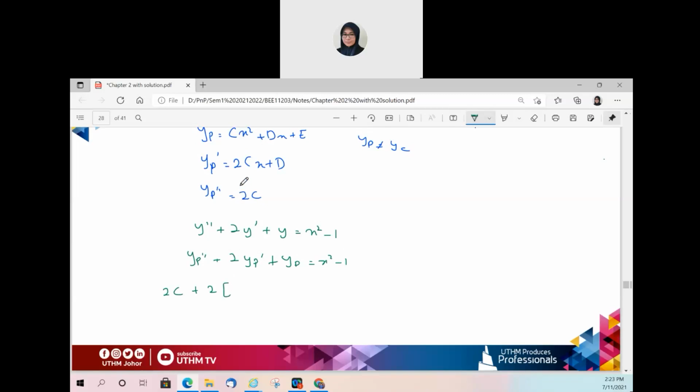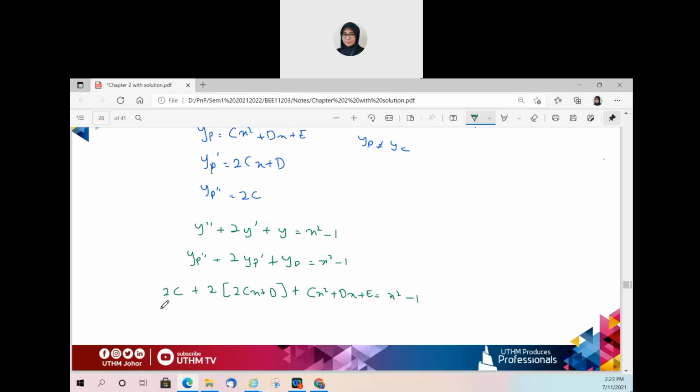So yp prime is 2cx plus d, so 2cx plus d, plus yp, so yp is cx square plus dx plus e equals to x square minus 1.